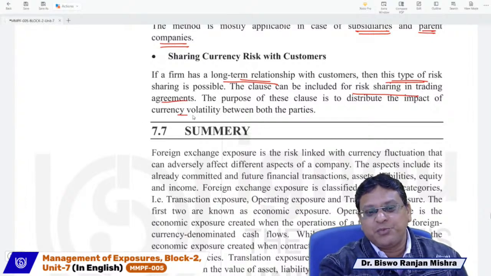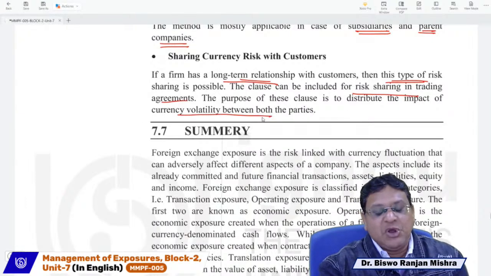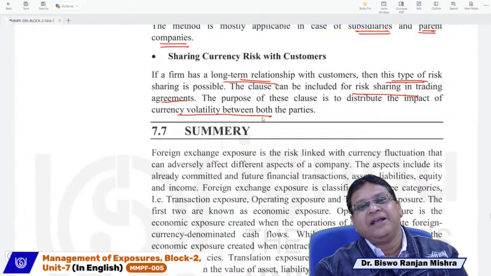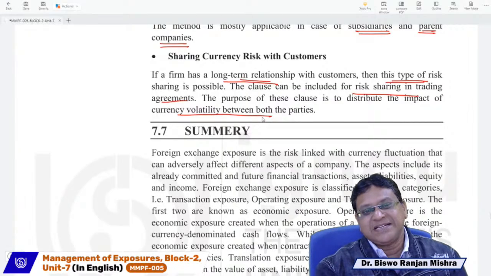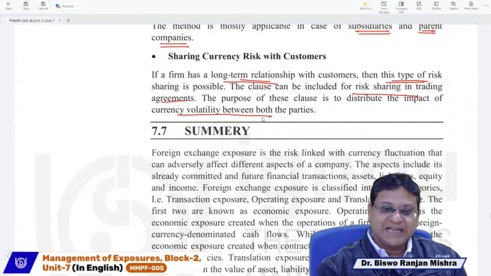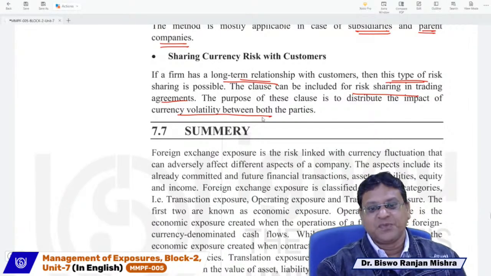If the currency value fluctuates beyond a particular limit, the risk amount may be shared between two parties. That is known as risk sharing agreement with trusted, loyal customers. These are the techniques with which you can manage your operating risk.